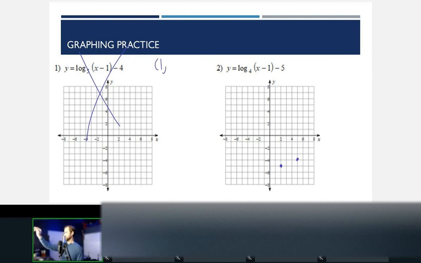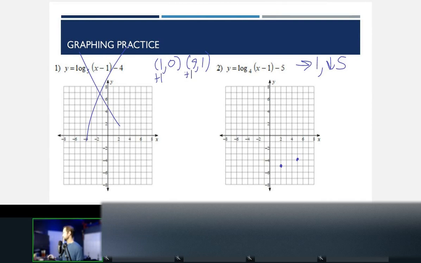So we got 1 comma 0 and then 4 comma 1. And you said, so that means you are shifting to the right 1 and then you are shifting down 5. So we're adding 1 to the x.